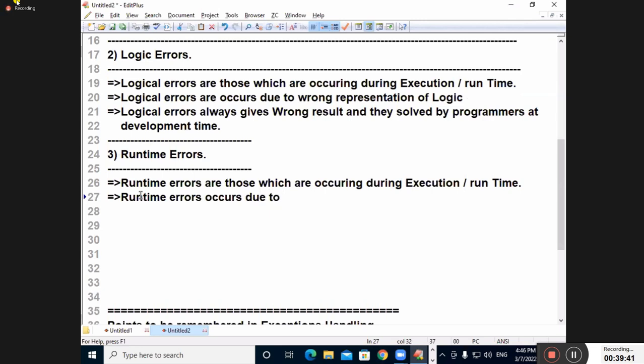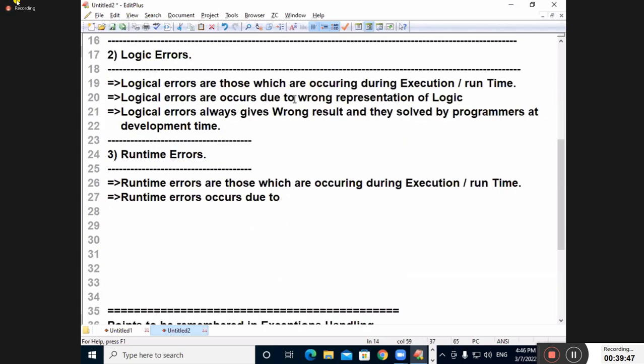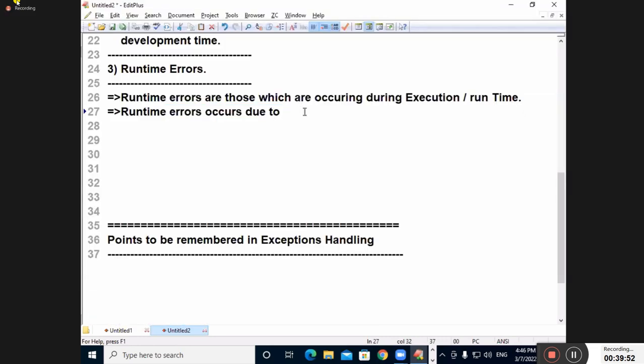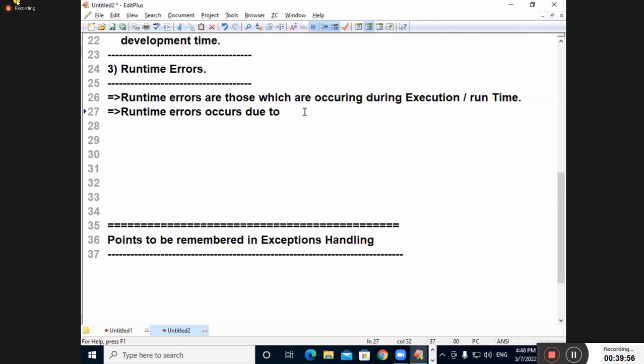Nobody is able to say, but everybody knows the line: compile time errors, runtime errors. That is like a dialogue they will remember.